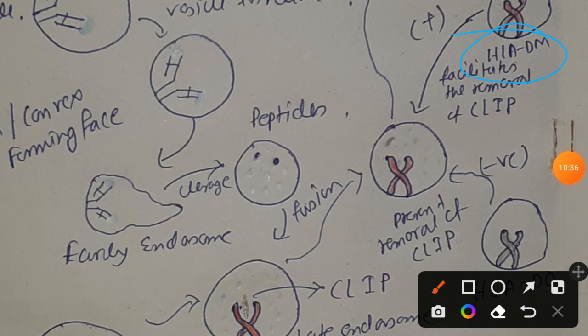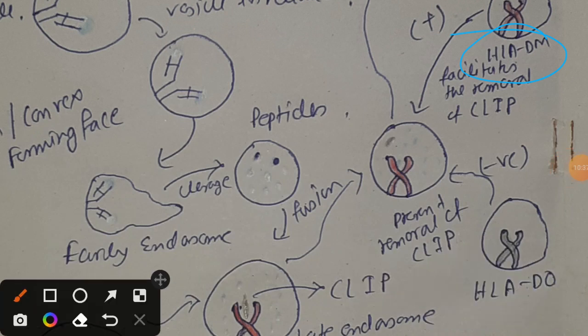One is HLA-DM, another one is HLA-DO. HLA-DM here is going to act as a positive regulator. How? HLA-DM tells that clip, please buddy, remove, please leave your place for the peptides.